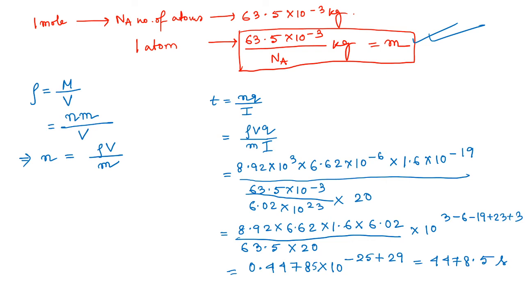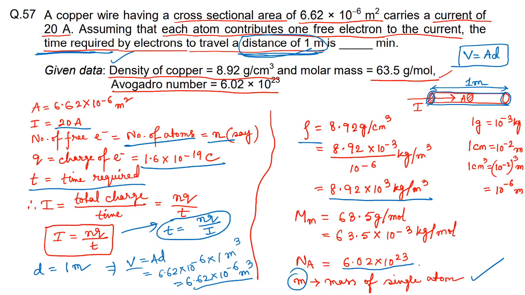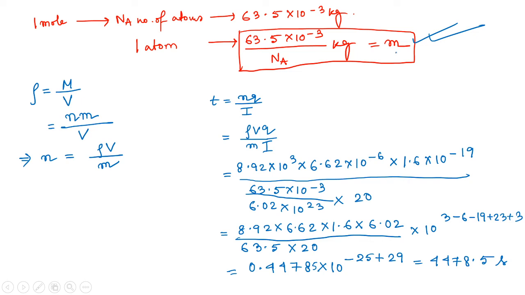4478.5 seconds. Now we need to convert this second into minutes. Why? Because our question was in minutes. So we need to divide this by 60, right?